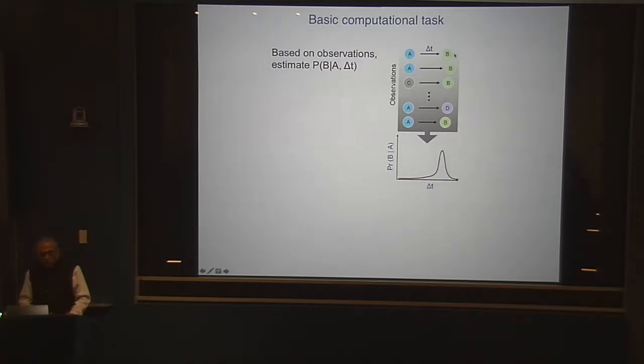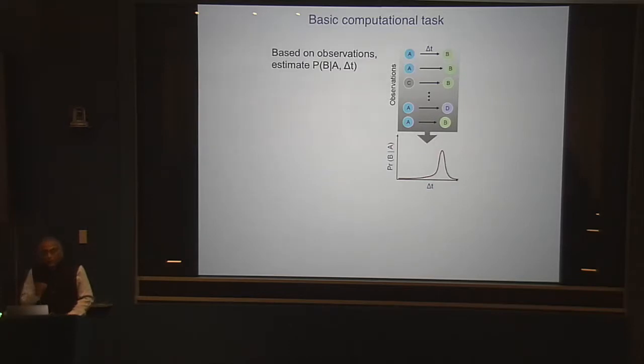You have one state transitioning to another with a certain time gap, and based on a sequence of such observations, you are determining what is the conditional probability of one state following another after a certain time lag. This is the fundamental computation that one needs to perform to estimate what is the model of the environment that one is immersed in.